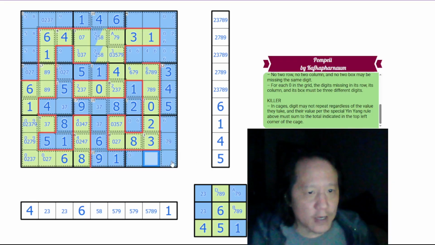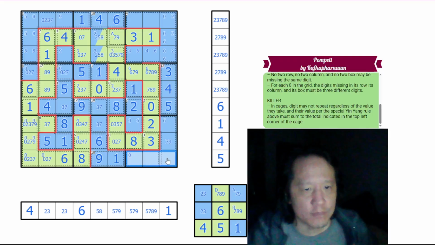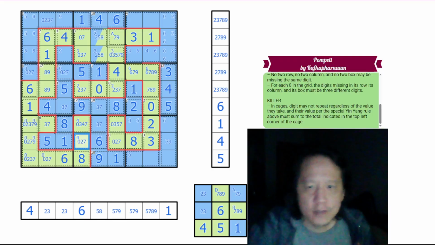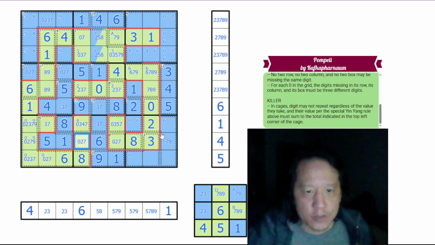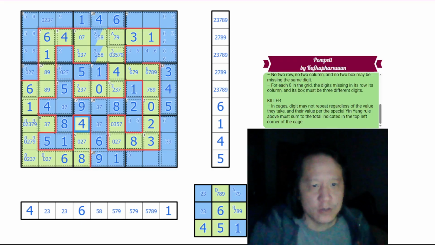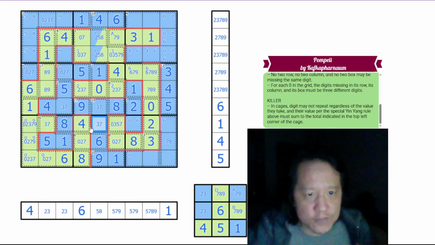So we have to have a 4 somewhere in row 9. We cannot have a 4 here. So we have a 0, 2, 7, 9 quadruplet. Therefore, where's the 4 in box 8? It has to be here. So this is 4.